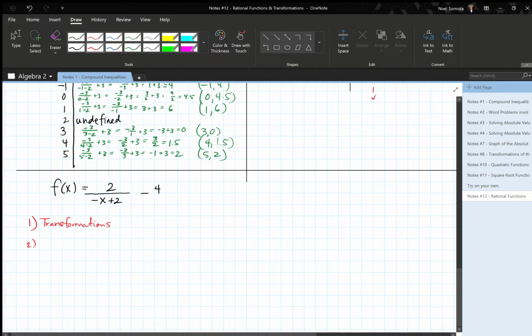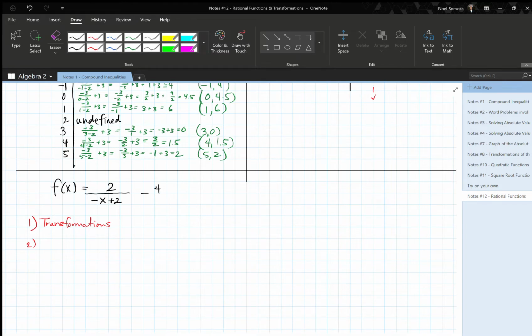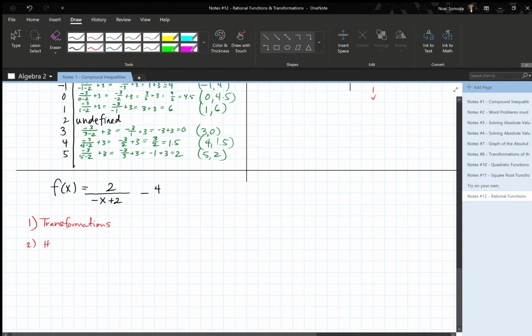Two, find the horizontal and vertical asymptotes. Three, find the domain and range. And then four, make a table, and five, graph.